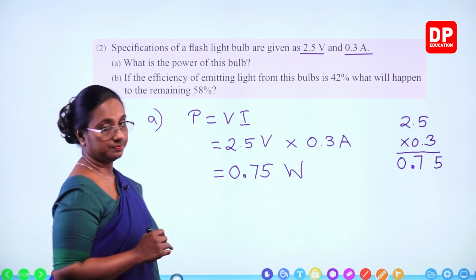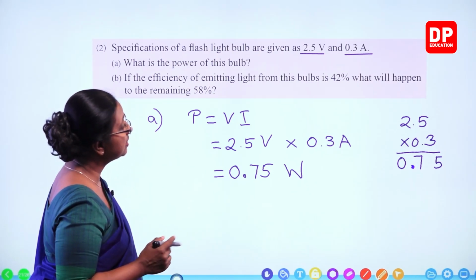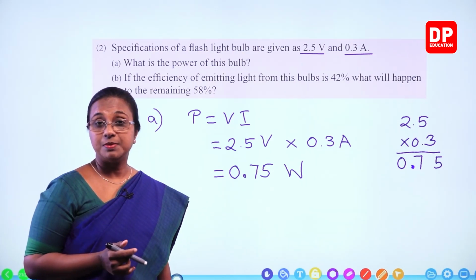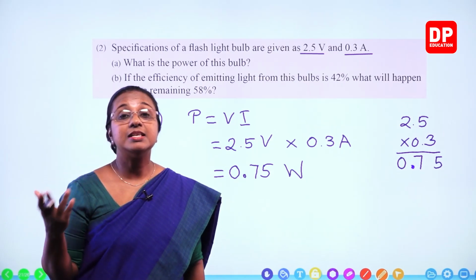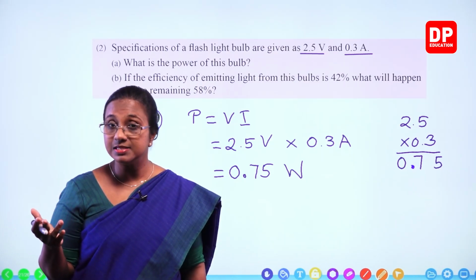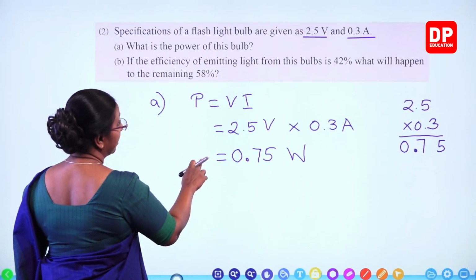Then the B part. If the efficiency of emitting light from this bulb is 42%, what will happen to the remaining 58%? What happens? It is converted to heat energy. Why? Because there is internal resistance. So that is what you have to write here.